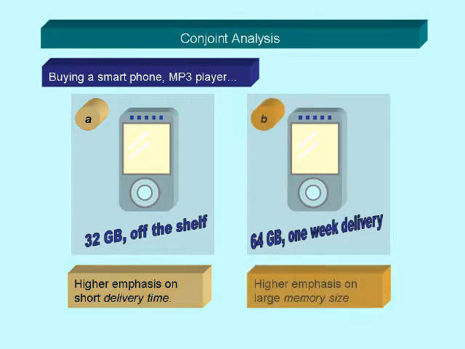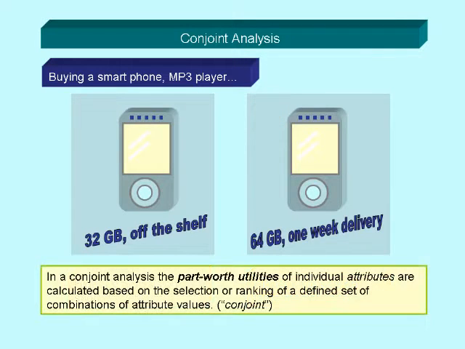Choosing model B will reveal your higher emphasis on a large memory size. So in a conjoint analysis, the part-worth utilities of individual attributes, in our case memory size and delivery time, are calculated based on the selection or ranking of a defined set of combinations of attribute values.